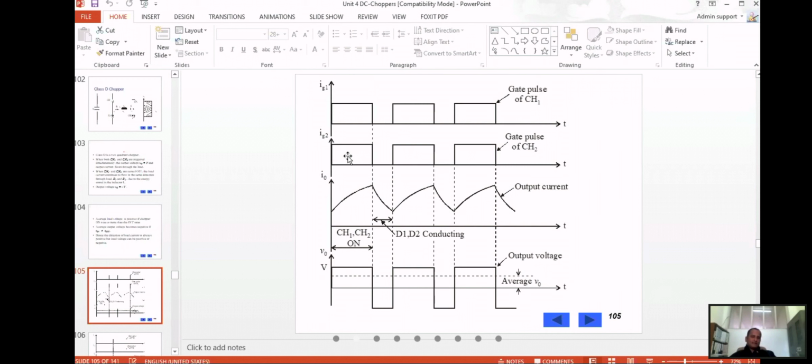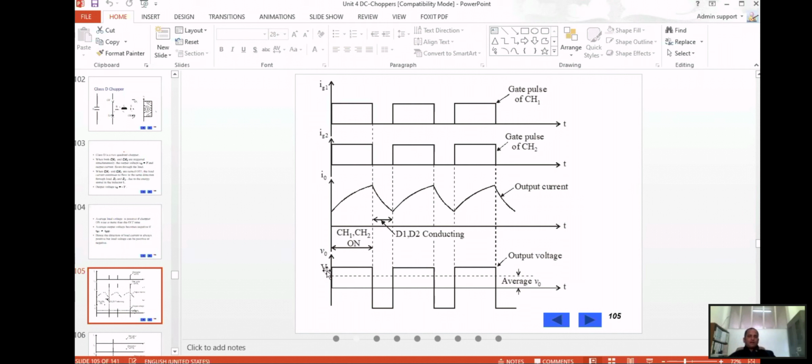But in the class C chopper, it is not triggered simultaneously. So please note down this difference. It's quite important to know the similarity and difference between the different types of choppers. If you do not look carefully at the waveforms of these choppers, it's important for you to understand the waveform.